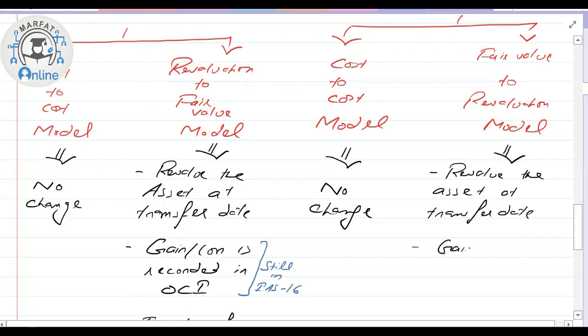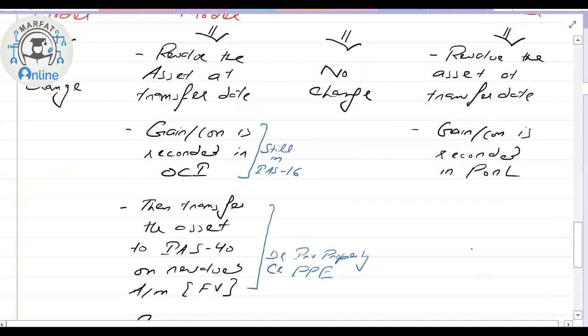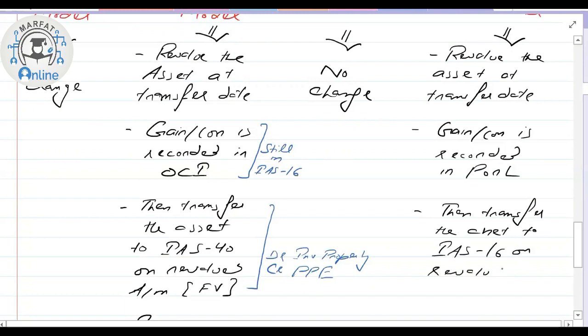Any gain or loss is recorded in profit or loss because the property is still in IAS-40. Then transfer the asset to IAS-16 on revalued amount.